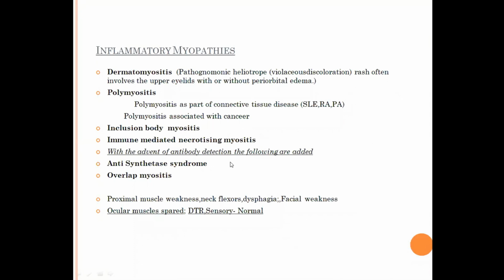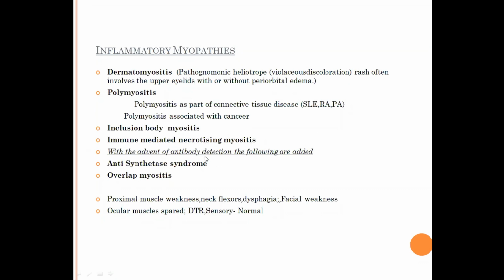So viral polymyositis is one which we described, which happens on the background of a viral infection. The inflammatory polymyositis, as I said earlier, was a very simple classification: polymyositis, polymyositis with skin, polymyositis with collagen disease, polymyositis with cancer. But now the present classification is dermatomyositis, polymyositis, inclusion body myositis, and most important, immune-mediated necrotizing myositis.